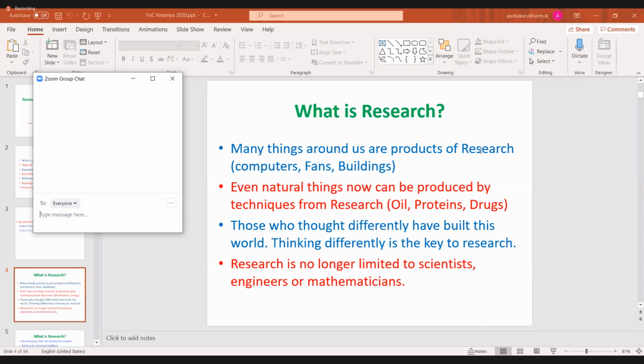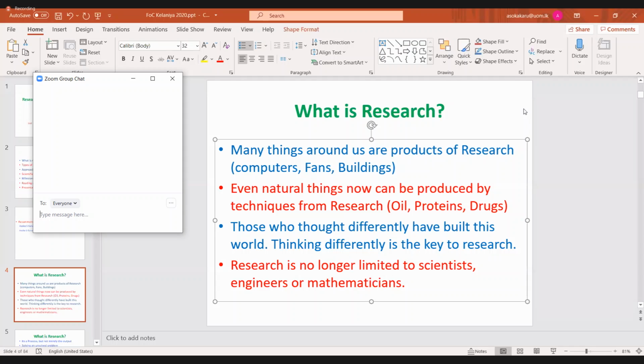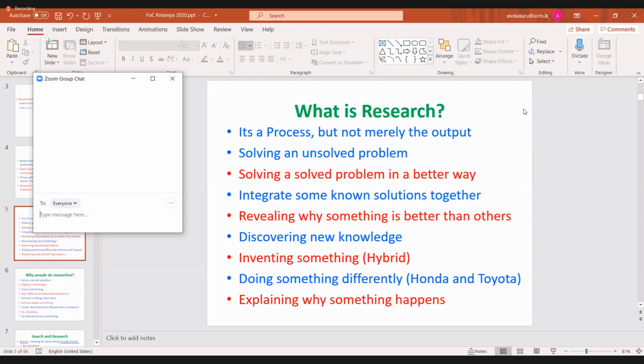There are some more things to talk about regarding research. Still, what research is is a very important thing. In those places you have to take notes. We say that research is a process. Research is a process, which means it is a step by step process. In research, you have to go step by step forward.